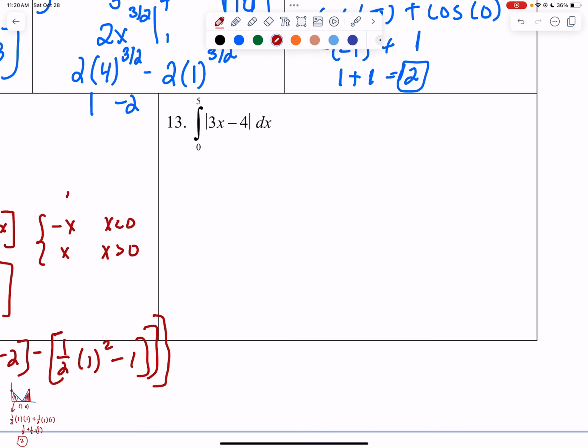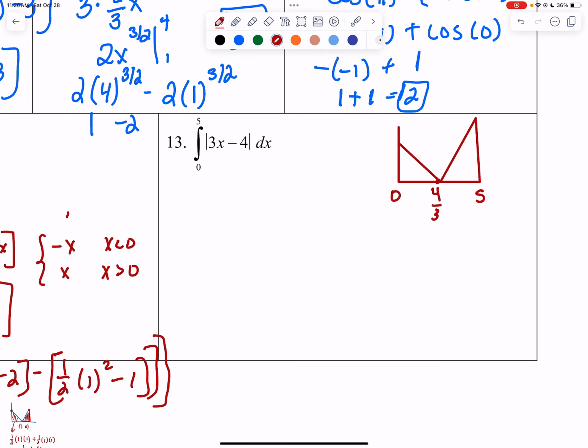Okay, so what we're going to do here is think about my zero of 3x minus 4, and that's going to be 4/3. So here, if I were to graph this, I'm going to have 4/3 right here, and then we have 0, and then we have 5 somewhere right here. I'm just estimating what this looks like.